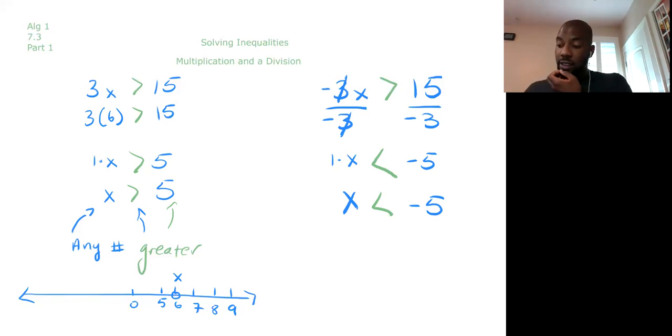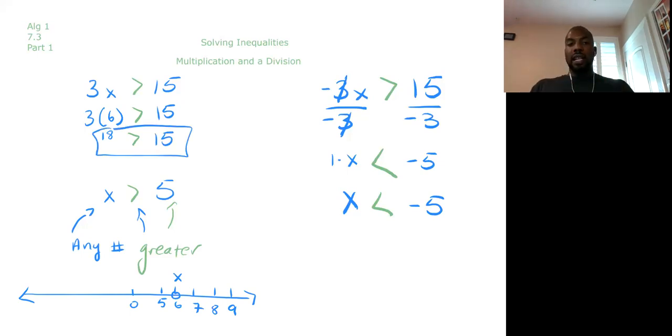And the answer is 3 times 6 is in fact 18. And 18 is in fact greater than 15. So you can see how this works, that the solution is any number that is bigger than 5.